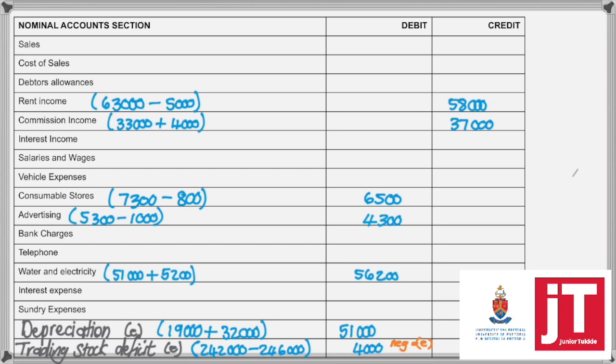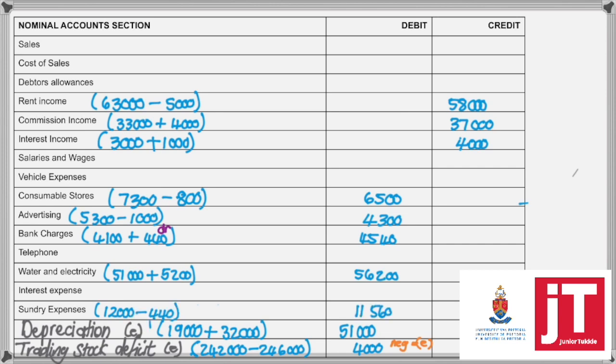Then interest income, there was 1 quarter still outstanding, so interest on fixed deposit, the 1,000 Rand there, I must add because they haven't recorded or deposited the money into my account yet, and I need to record it for this year's income. Okay, bank charges was the correction of error, so it should have been bank charges, but we recorded it as sundry expenses.